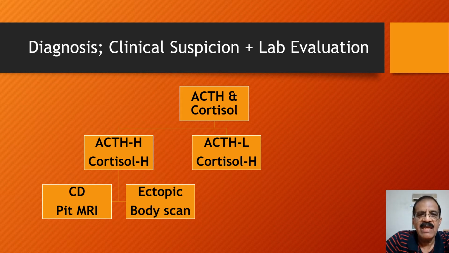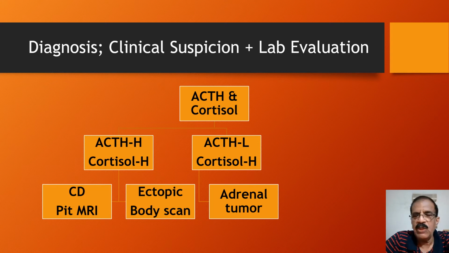No. In fact, it indicates that the pituitary is responding physiologically to an abnormally high cortisol level. So it is likely to be an autonomous adrenal tumor, usually unilateral or sometimes bilateral also. So the adrenal tumor is producing cortisol in excessive quantities, and that cortisol is actually inhibiting the pituitary in a physiological way.